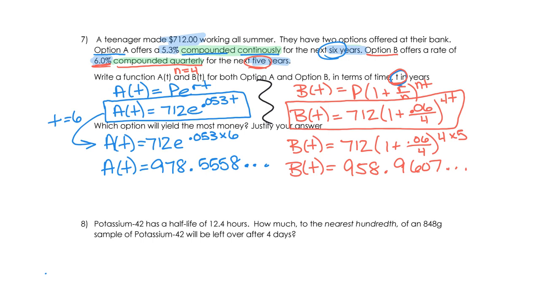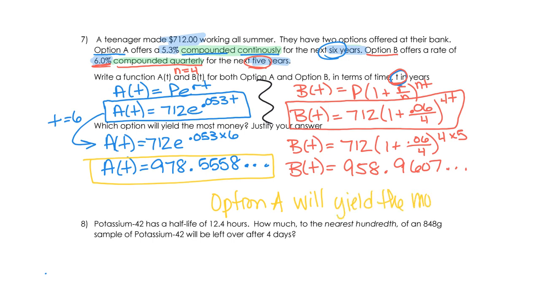However, the question wasn't really about how much more money. It's just which one has the most money. So I don't really need to round them. My answer is either A or B, and who has the most money is option A. So option A will yield the most money.